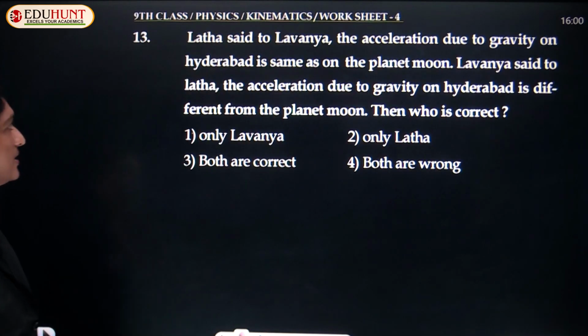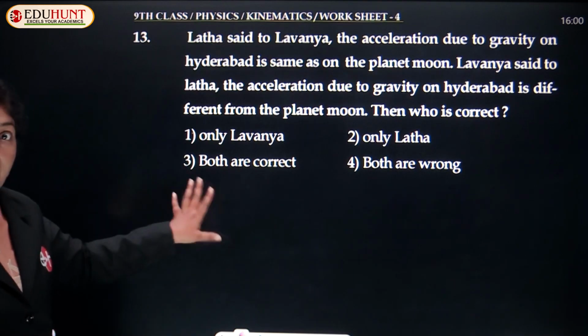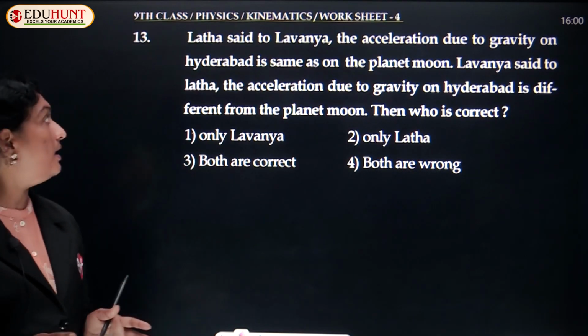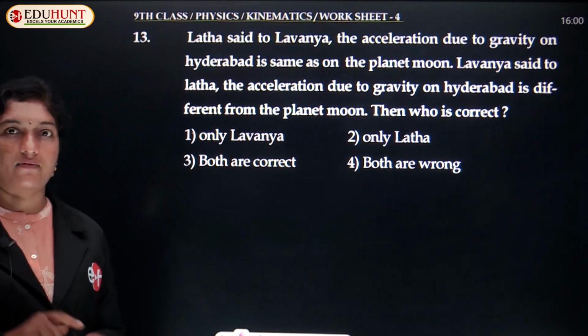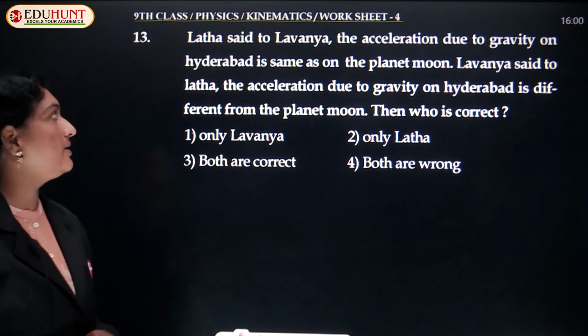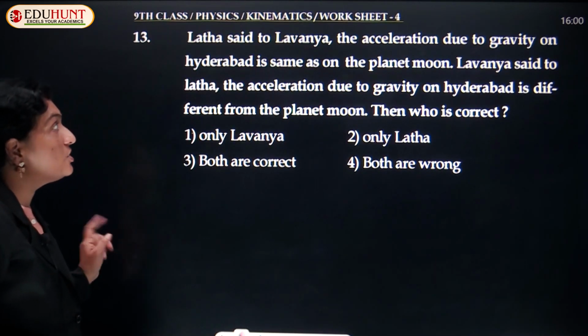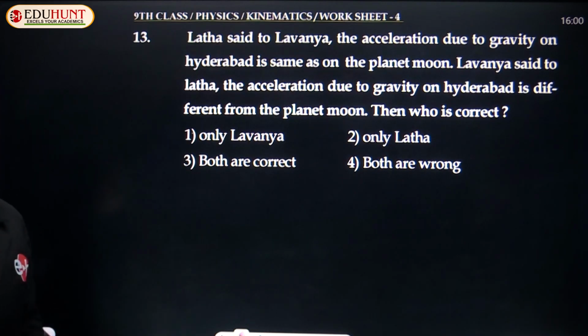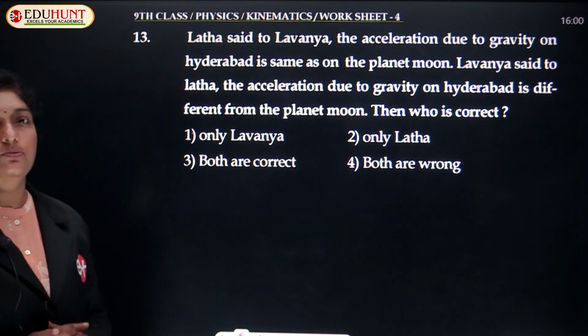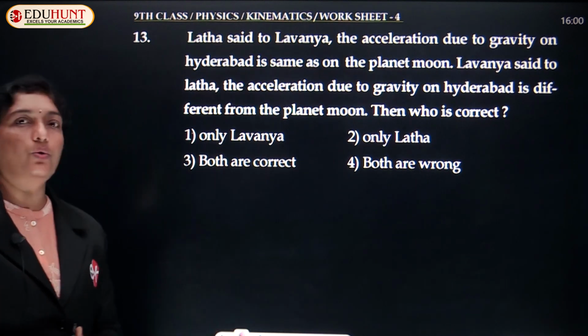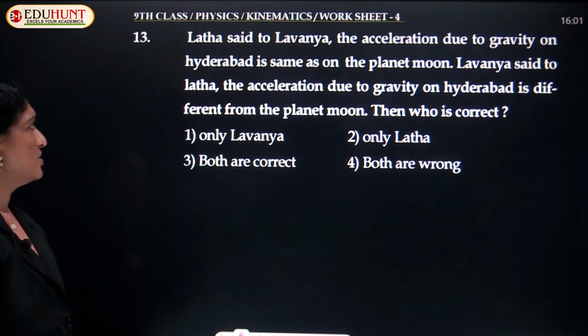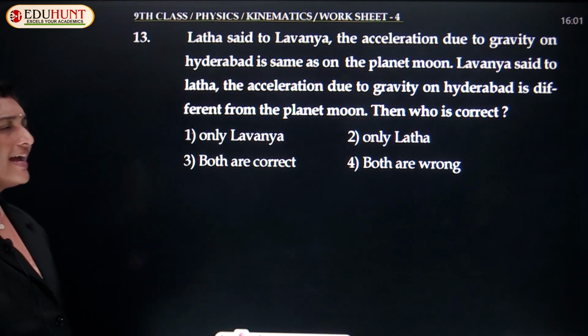So moving ahead with the 13th question, listen to this carefully, children. Lata said to Lavanya, two persons are there, one is Lata, the other is Lavanya. So Lata said to Lavanya, the acceleration due to gravity in Hyderabad is the same as on the planet Moon. So what they are saying is, Hyderabad and Moon have the same acceleration. Is that true?